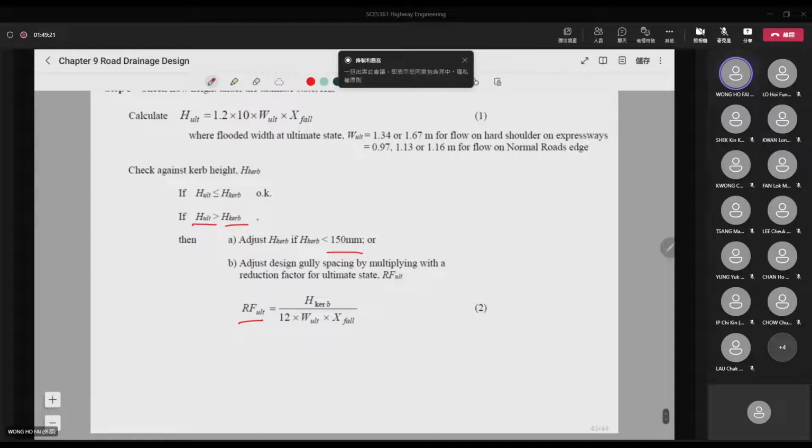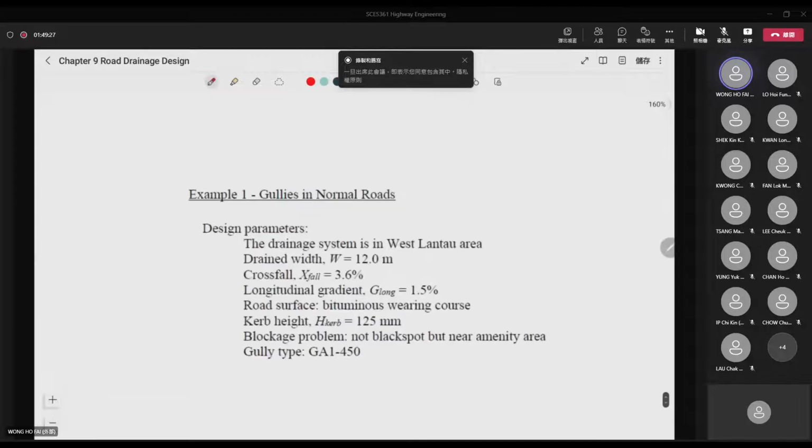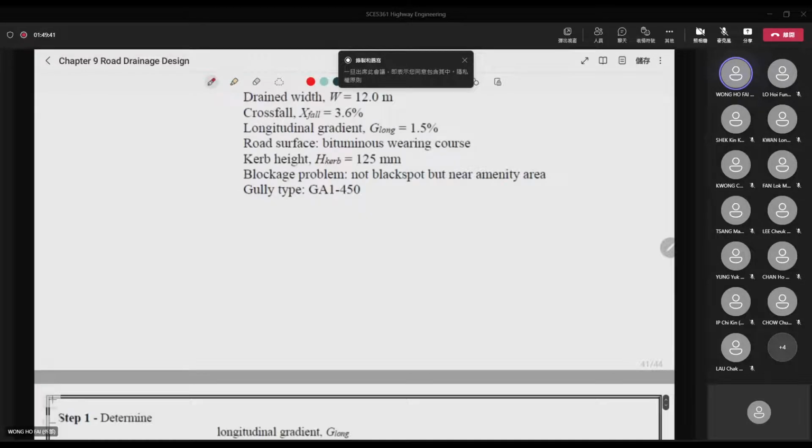Now we have an example here, and we can take a look at the way to design for it. First of all, we follow the guideline.